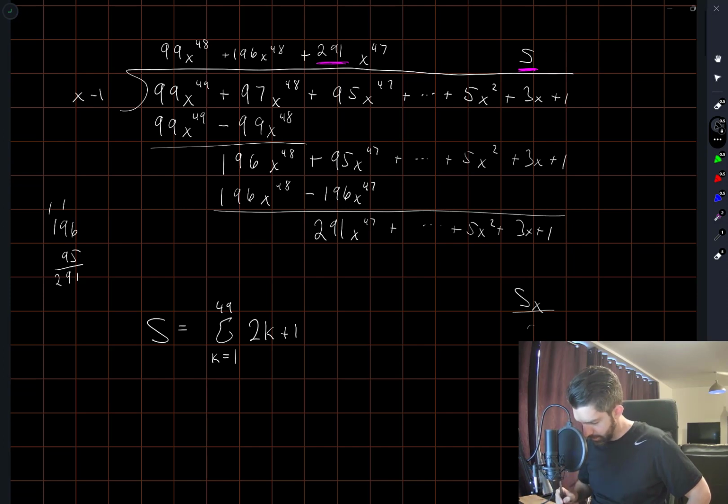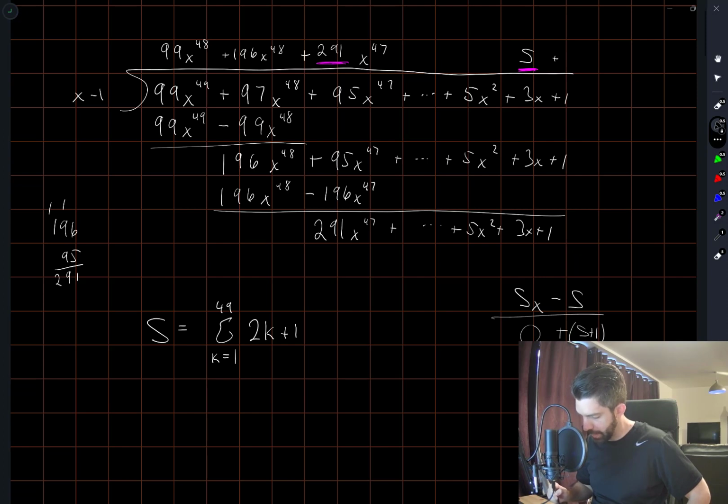That would go away. And I'd have Sx minus S. When I take a difference, I get a 0 there. And here I get plus S plus 1.